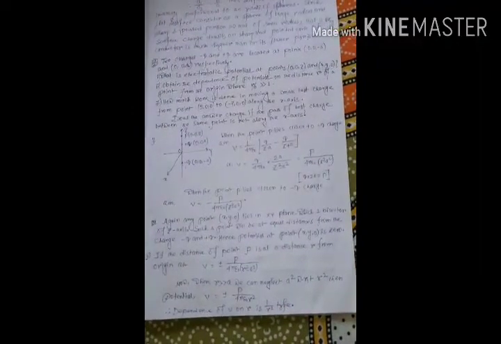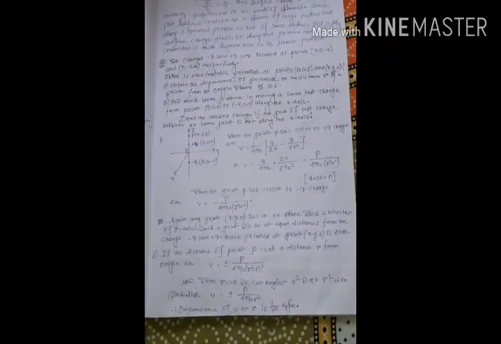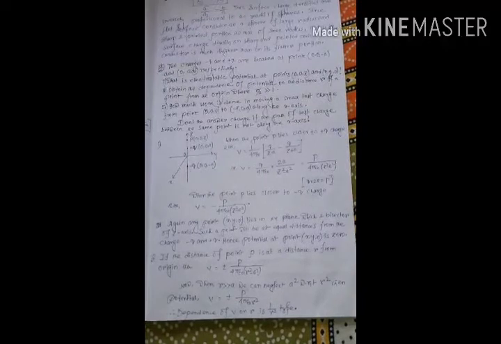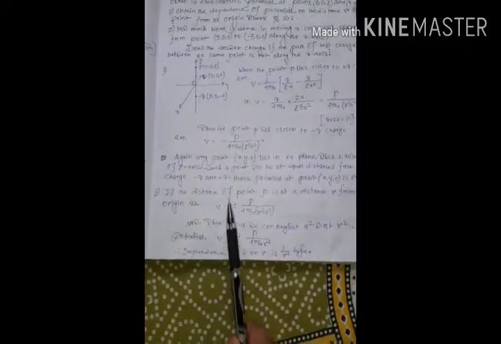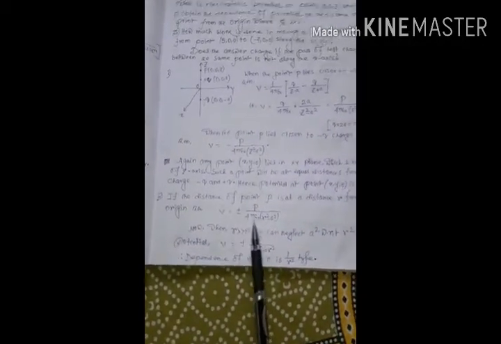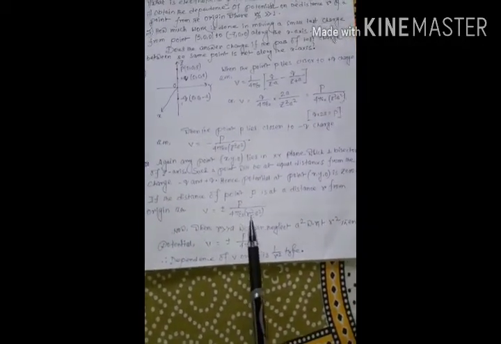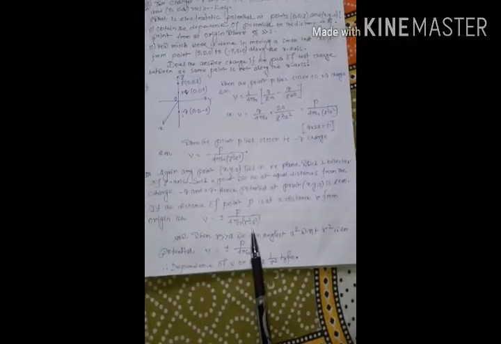According to our previous calculation, in a similar way we can derive the expression for potential at a distance r from the origin, which is given by V equals plus or minus p by 4 pi epsilon naught into (r square minus a square).